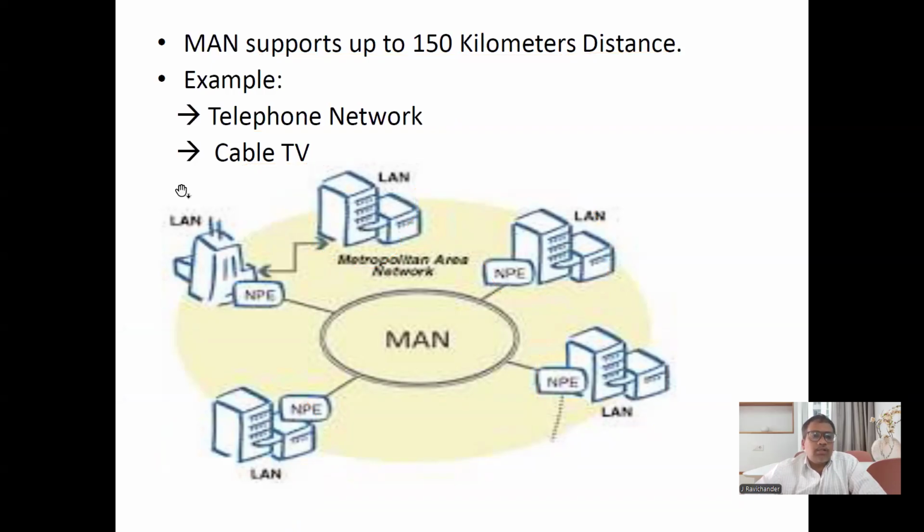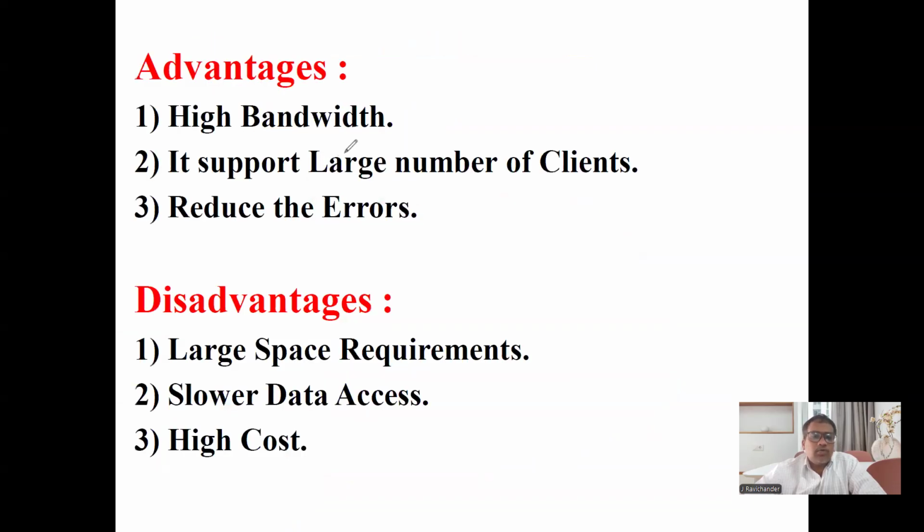Now, advantages. What are the advantages of metropolitan area networks? It offers high bandwidth. It supports a large number of clients, and it reduces errors. So these are the basic advantages of metropolitan area networks.